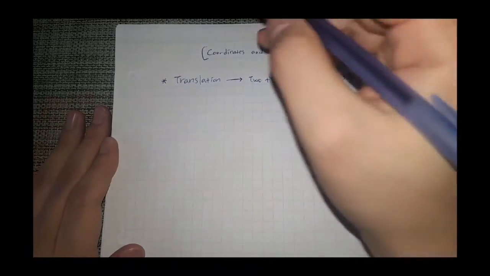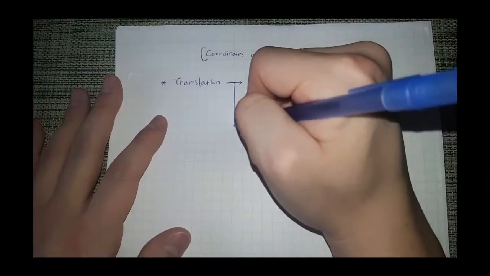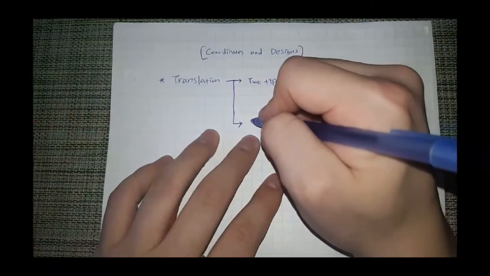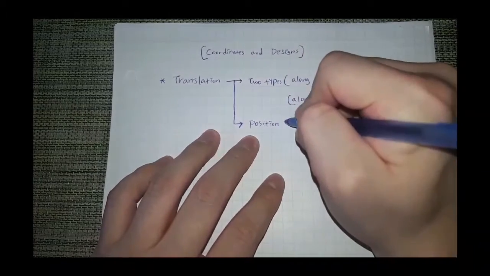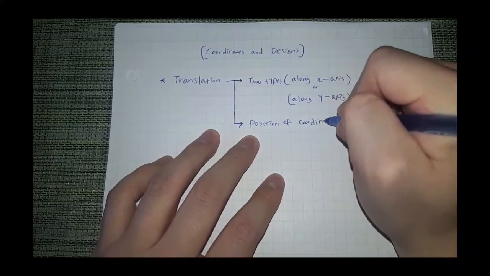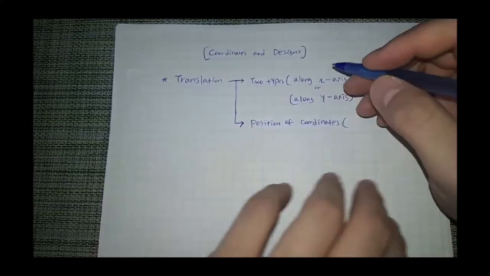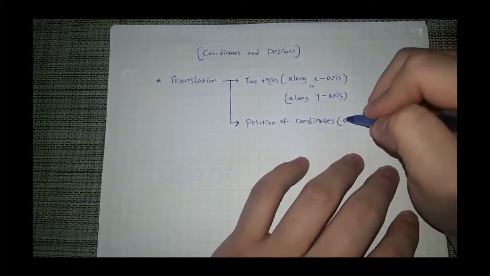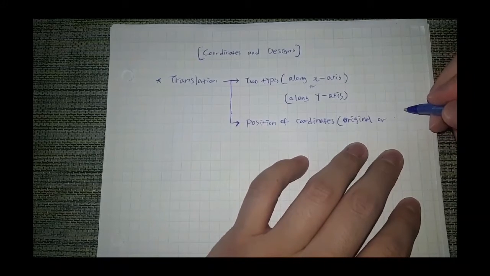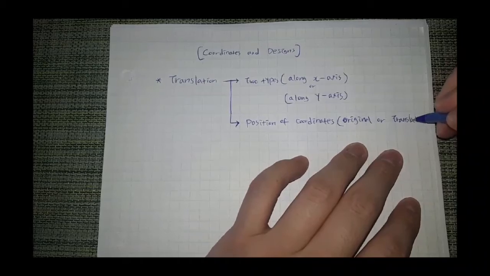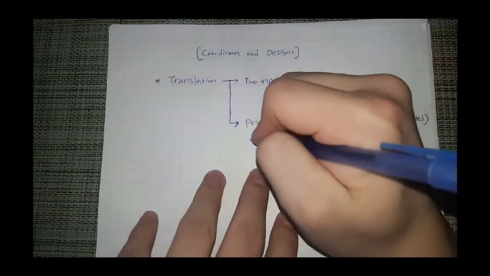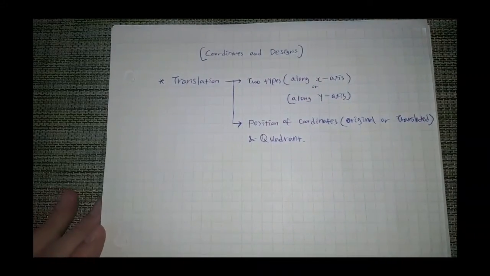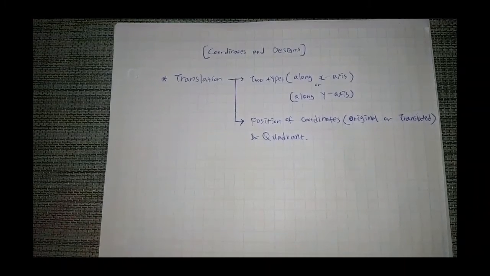In addition to that, it is important for you to understand that translation has to consider the positions of the coordinates, original or, how can I say, translated afterward, and quadrant location, especially if any quadrant changed. So we're going to do some examples to talk about these.